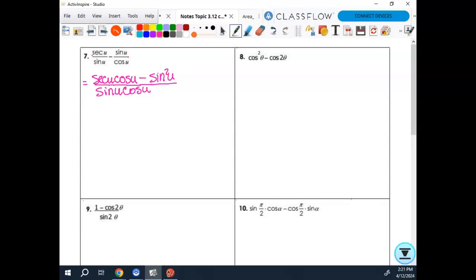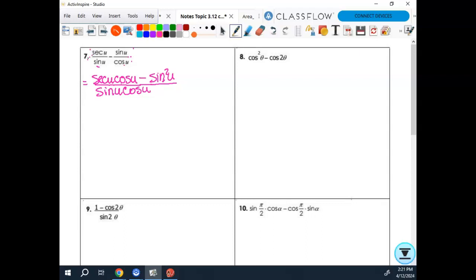You cannot change this to a decimal. That's why I say every time you try to do that, that's a bad idea. You have to know the rules. If the common denominator is sine times cosine, then this fraction gets multiplied by cosine over cosine. That's where that came from. This one has to be multiplied by sine over sine. That's where that one comes from. That's it. It's how you get a common denominator.